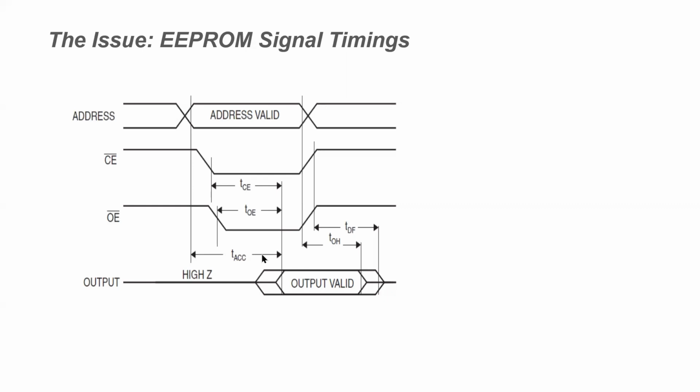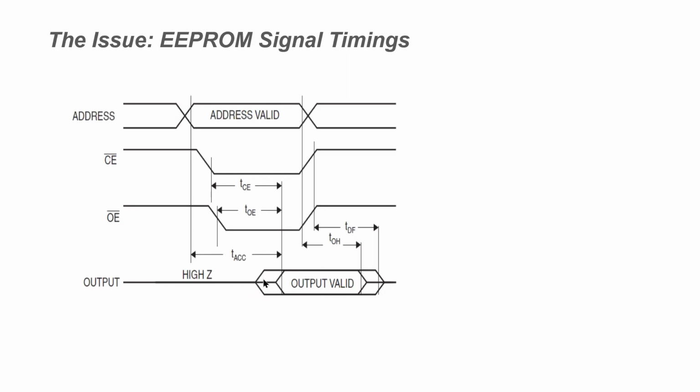Looking at the output, the address changes, the control circuitry of the EEPROM has to react to that, it starts to affect the output changes here, and then the outputs are not stabilized until here. So when the output data bits are beginning to change state, this is an undefined state.